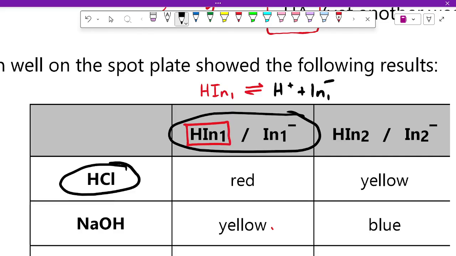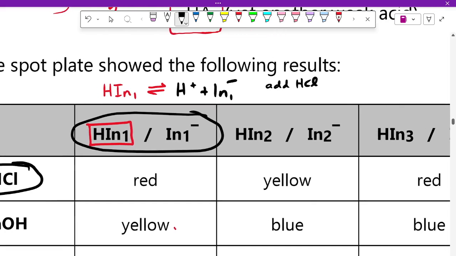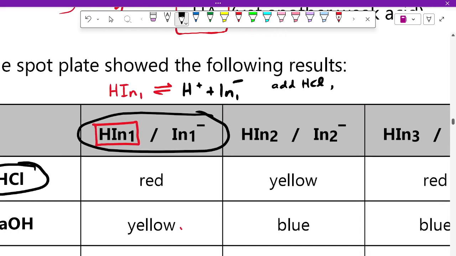And if we add HCl, what happens to the concentration of H plus? The concentration of H plus increases. And if H plus increases, which way does the equilibrium shift?